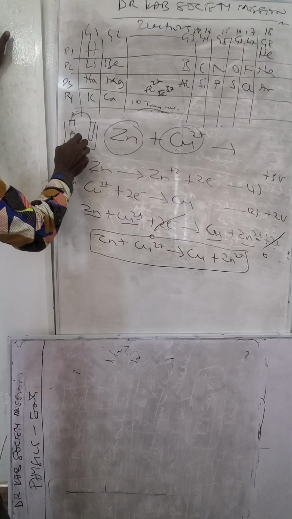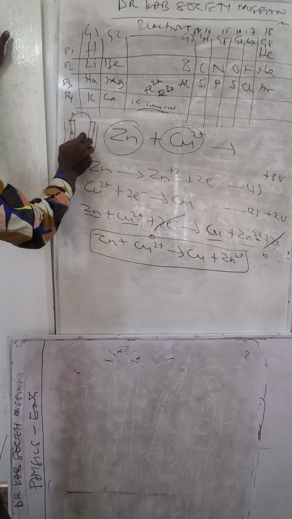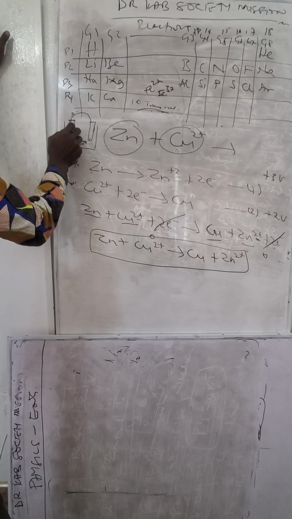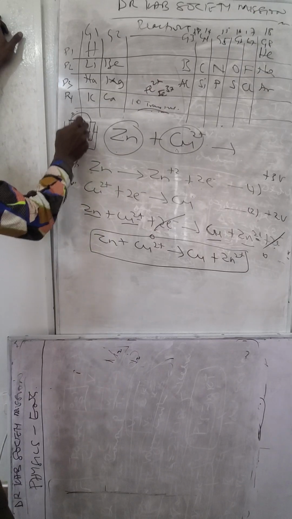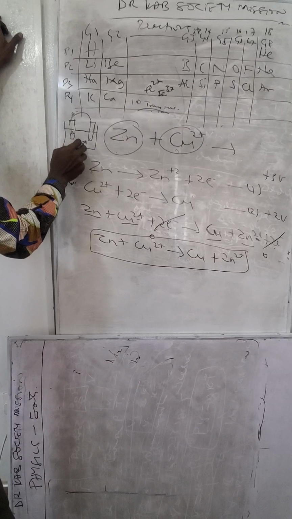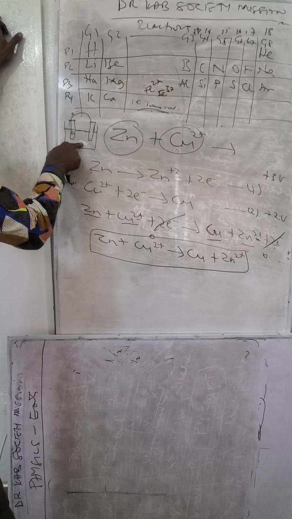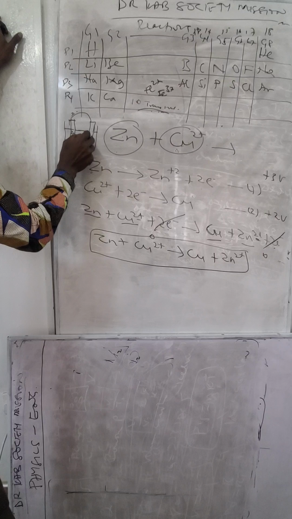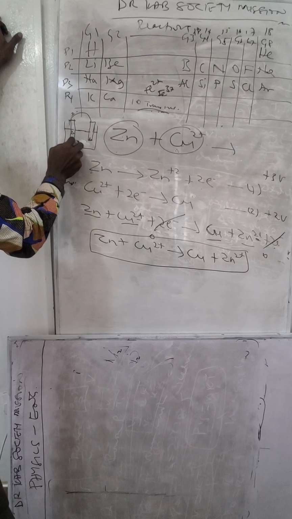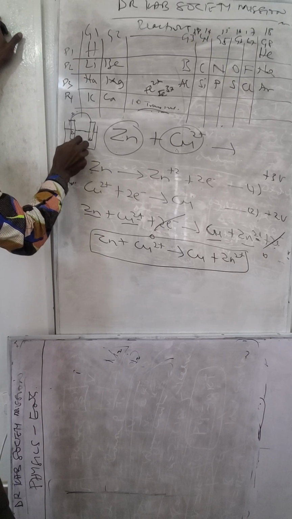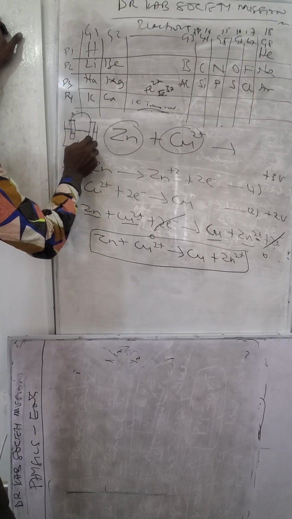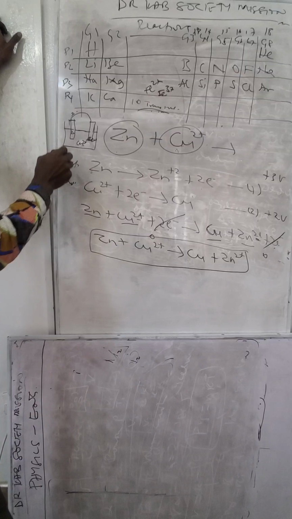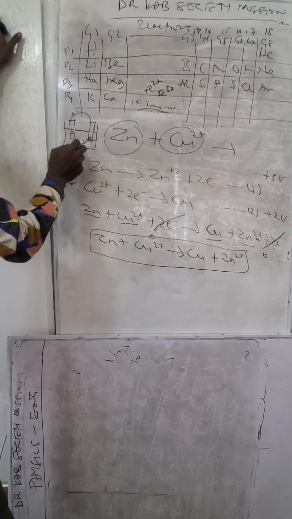When they get here, this is a copper rod, and there is copper 2+ in the solution. It is going to accept the electrons, and then form copper on it. So you see that copper will be collecting on this one.